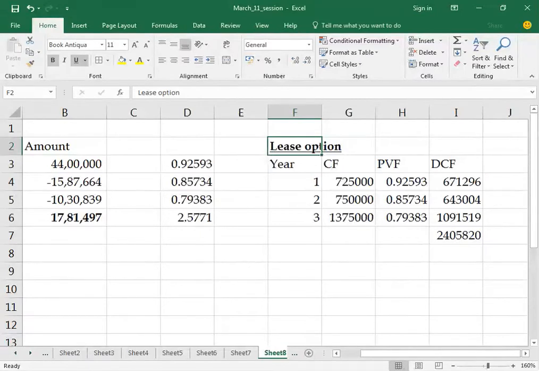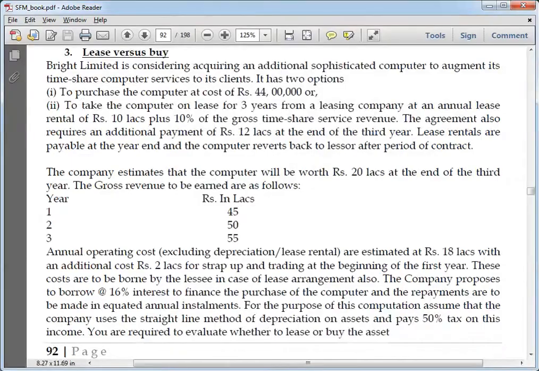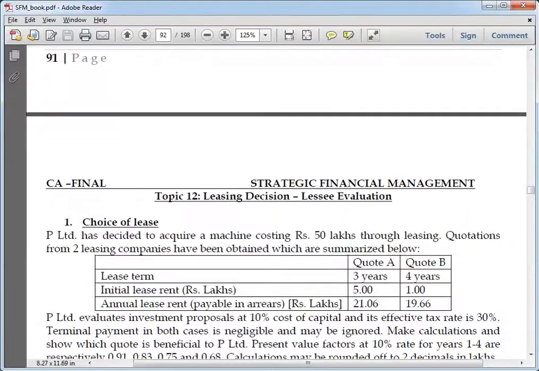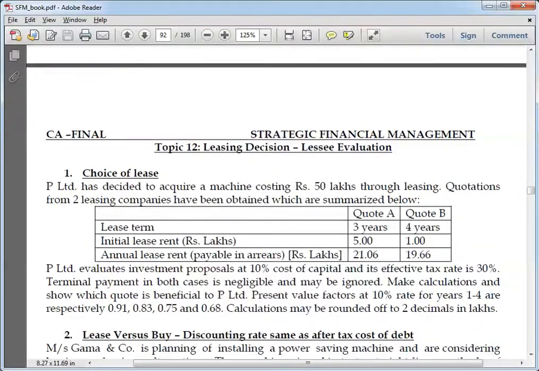Can you proceed? Go through question number 1. Question 1.